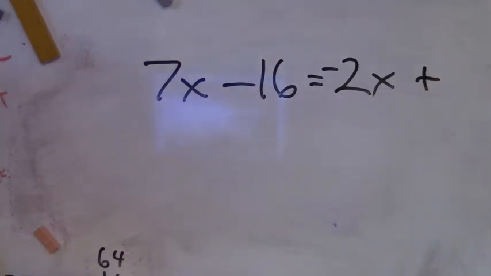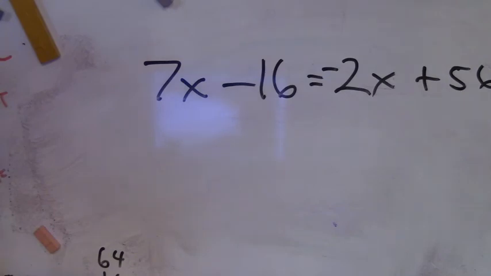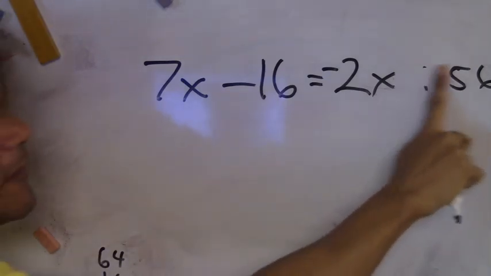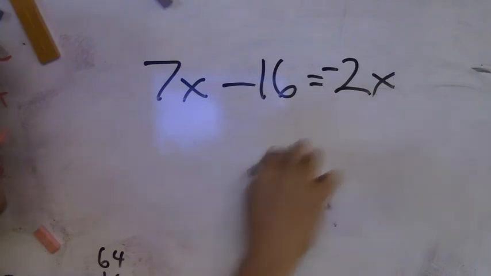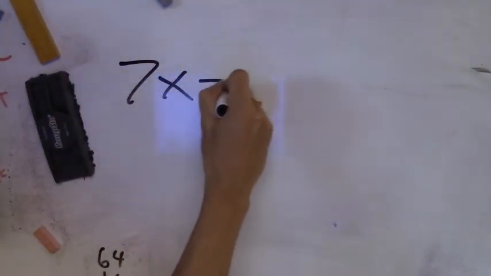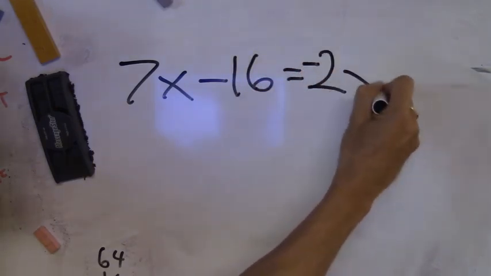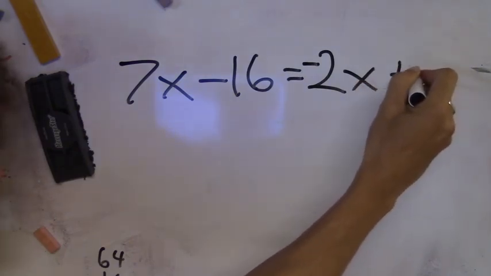Let me do some math over here. 56. So 7x minus 16 is the same thing as negative 2x plus 56.